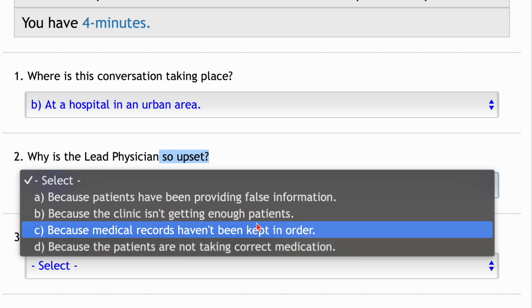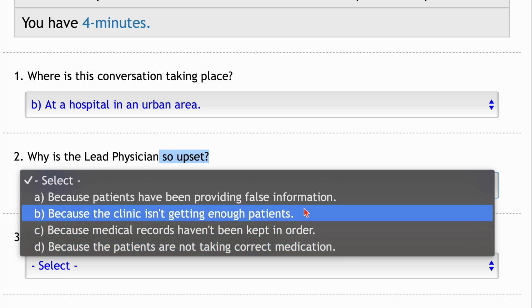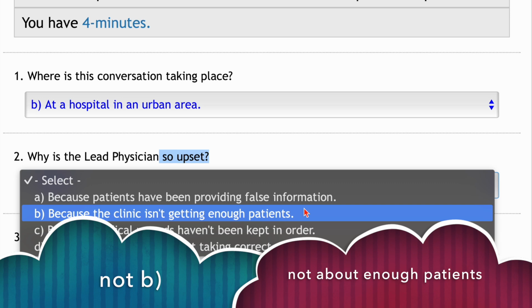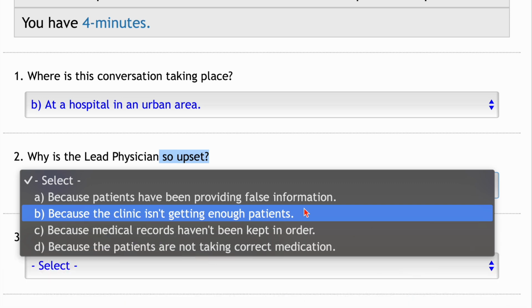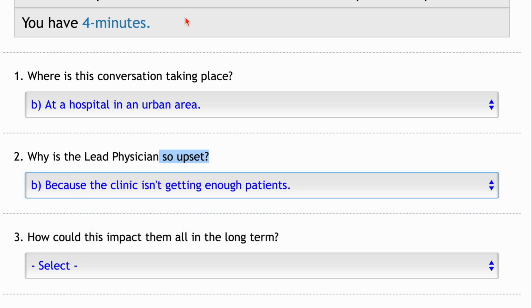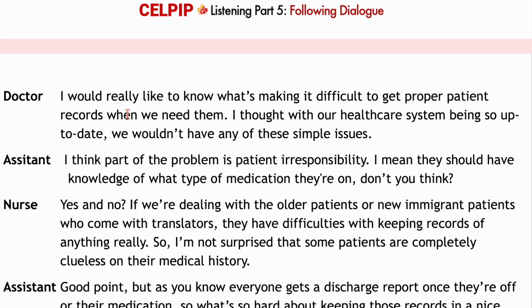I don't think it's about not having enough patients. We already read that wasn't the main issue. And also, well, let's read here. I would really like to know what's making it difficult to get proper patient records when we need them. I thought with our healthcare system being so up to date, we wouldn't have any of these simple issues.